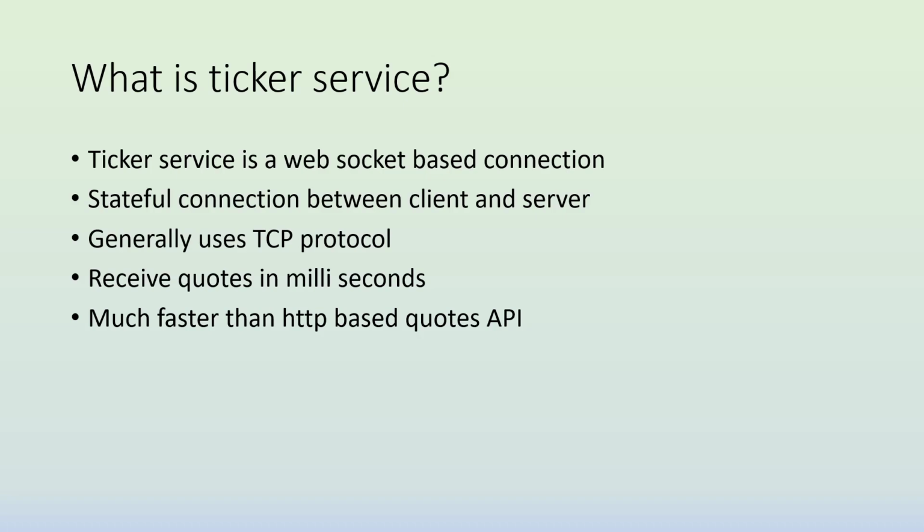In general, the broker API SDK provided in Python does reconnection to the broker backend in case the connection is closed or there are some issues. It uses the TCP protocol and receives quotes in milliseconds. It is much faster than an HTTP based quotes API.